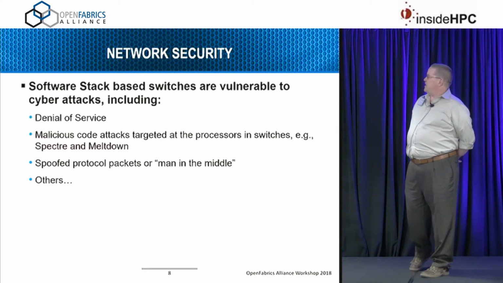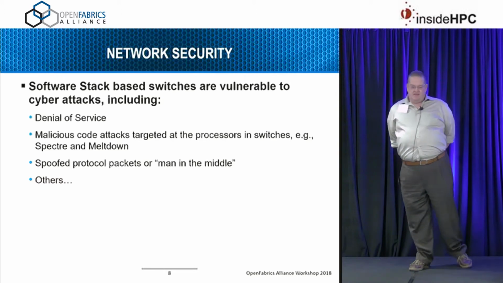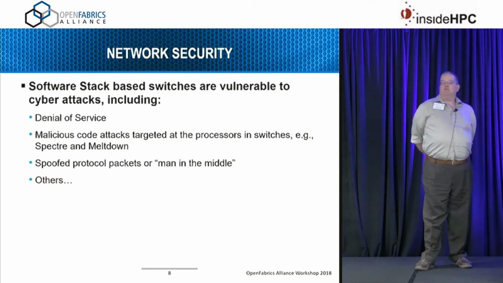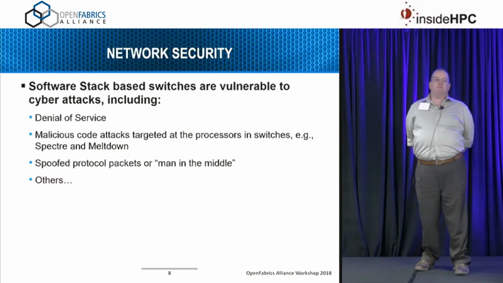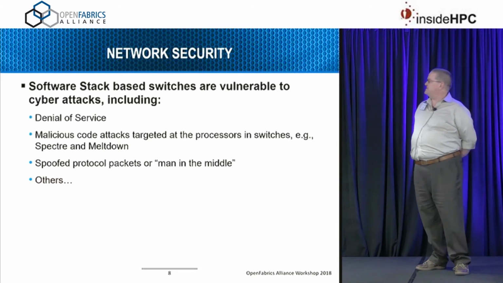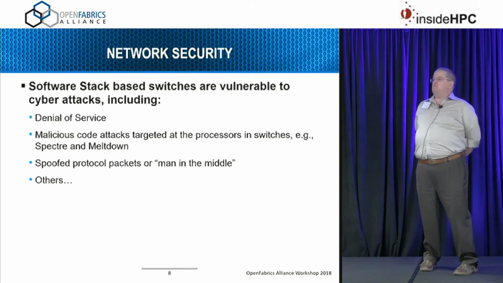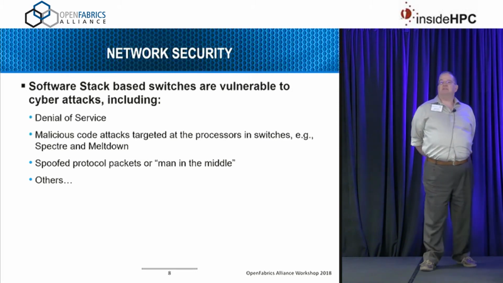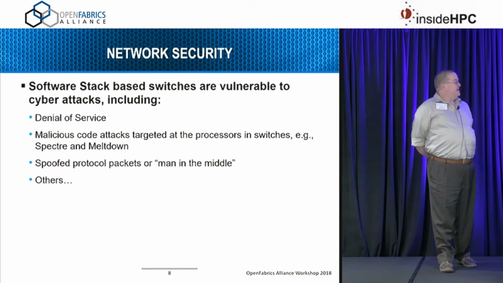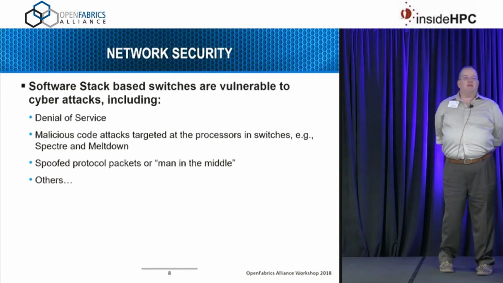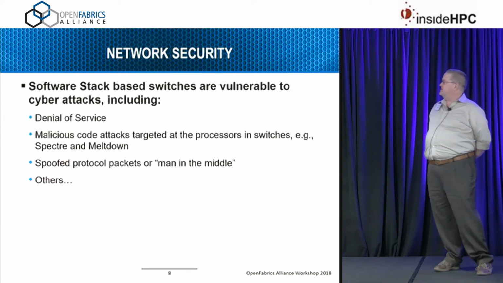You've got malicious code attacks. The Spectre and Meltdown issues are actually a problem in some of the switches because of the processors that they're running. And then you're also subject to man-in-the-middle or spoofed address attacks that are created by a lot of the protocols that we have in a typical fabric.